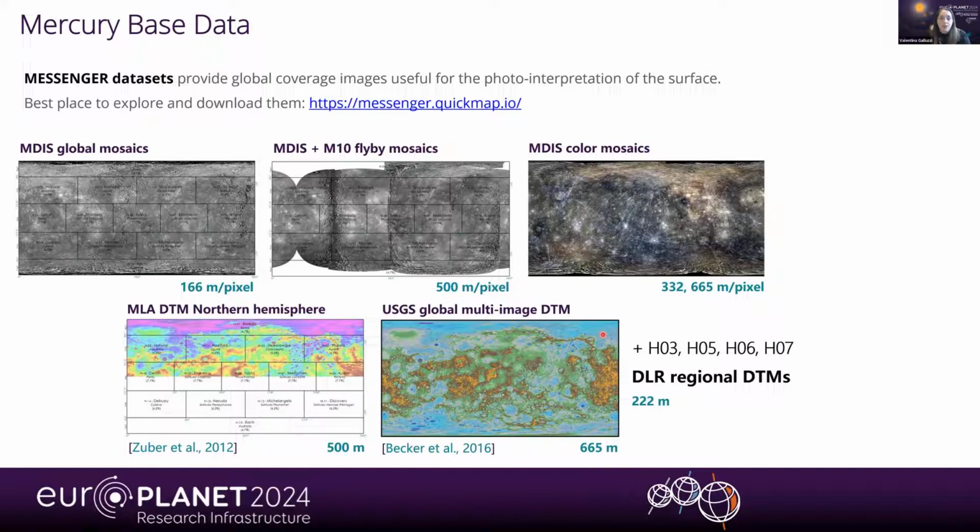So the best place to explore this data and also download it is the Mercury Messenger Quick Map that we saw before. And before going on, I would like to go again into the Quick Map to show you the data sets in more detail.